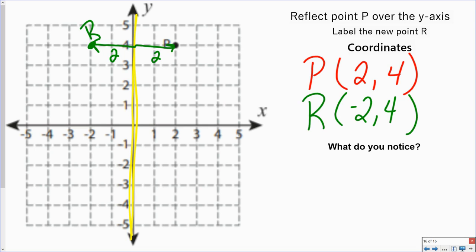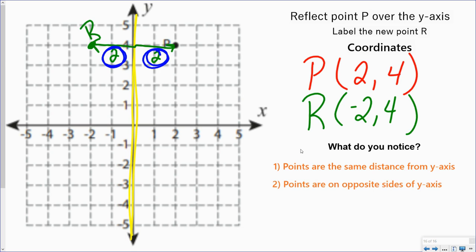So now let's look at a few things that we notice as we look at these 2 points. So the first thing that we notice is that they are the same distance from the y-axis. So this one is 2 units to the right, and this one is 2 units to the left. And then I also notice that they are on opposite sides of the y-axis. So like I just mentioned, this one is to the right, and this one is to the left.